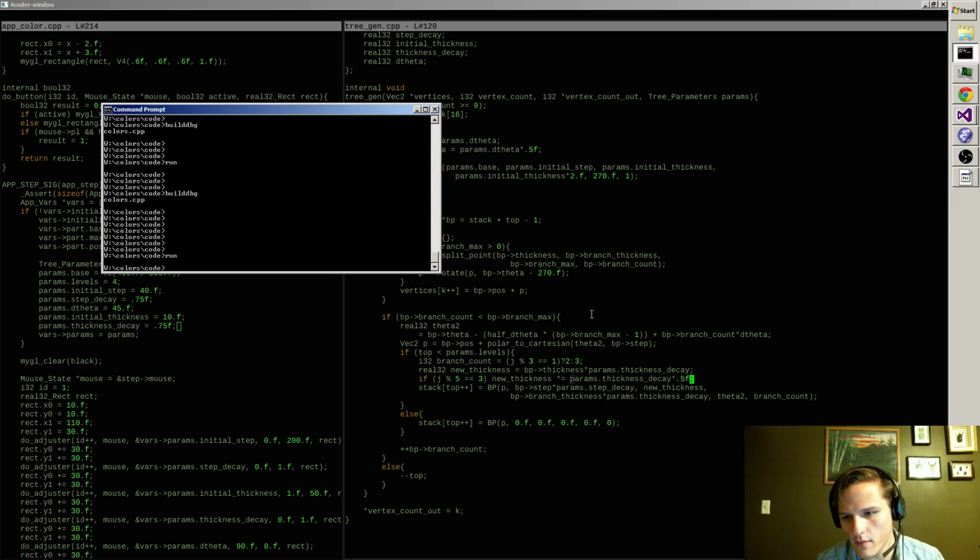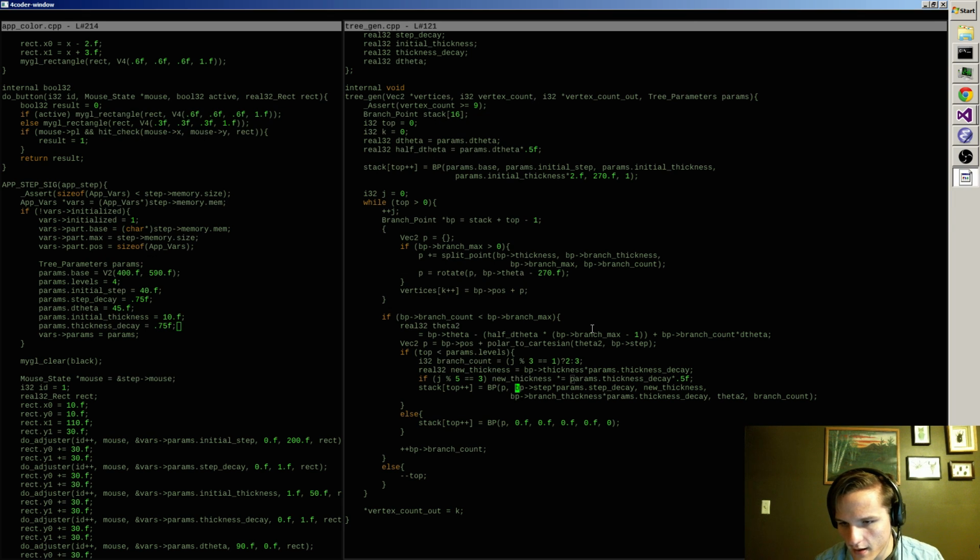Oh, I'm adjusting the thickness. I don't care about the thickness. Oh, yeah. Jeez. Okay. Thickness times thickness decay. I don't care about thickness. What I care about is this.